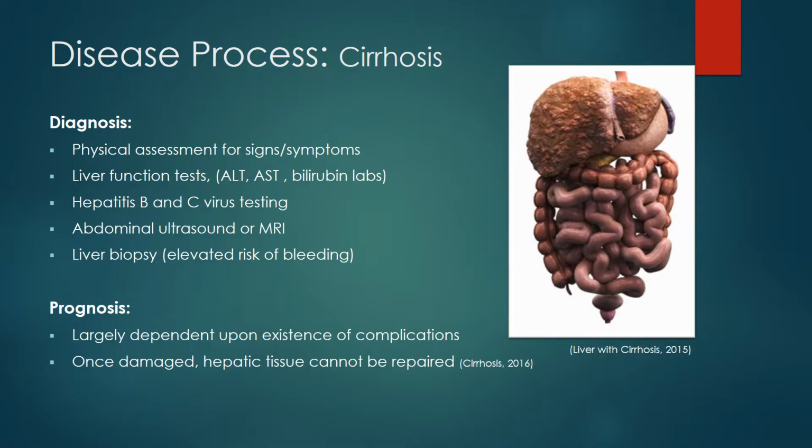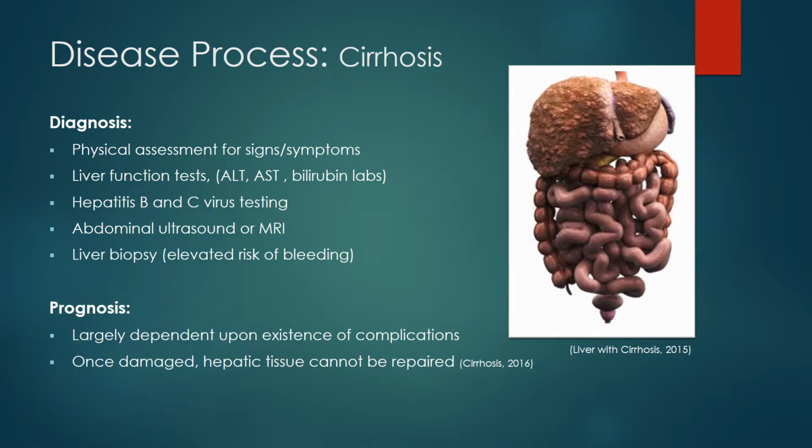So they'll do a physical assessment, and then again with some of the other signs and symptoms, the reddened palms or ascites, edema, those physical manifestations of cirrhosis they'll look for as well. Also, they'll look at various liver function tests and labs that indicate liver functioning.